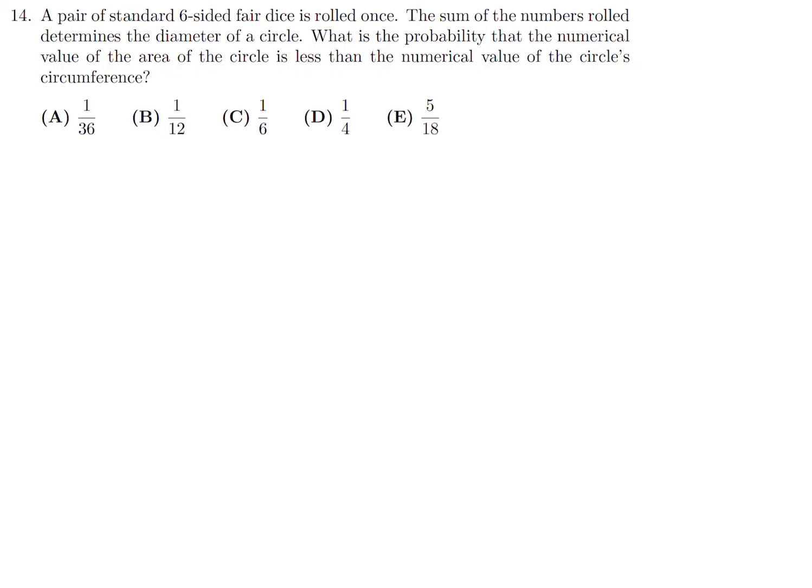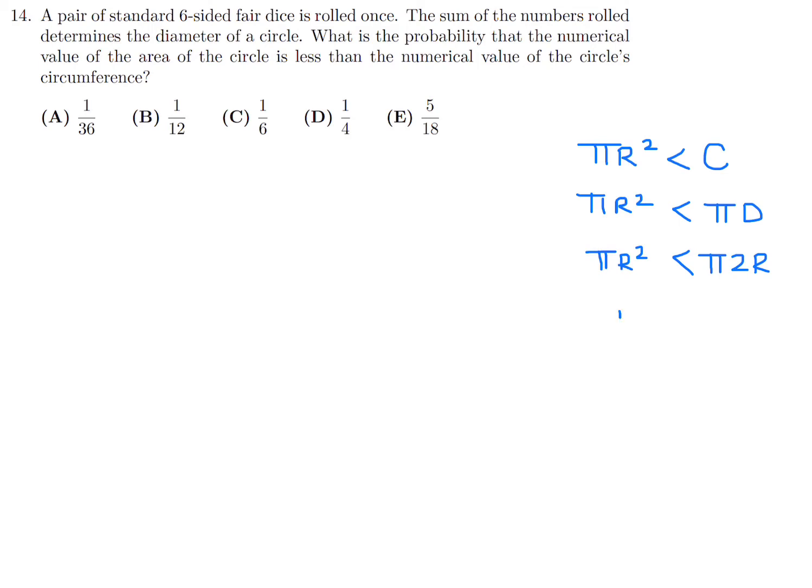The numerical value of the area of the circle, which is pi r squared, is less than the numerical value of the circle's circumference, which is C for circumference. Well, C can be written as pi times diameter, or it can be written as pi 2r. So I got pi r squared is less than pi 2r.